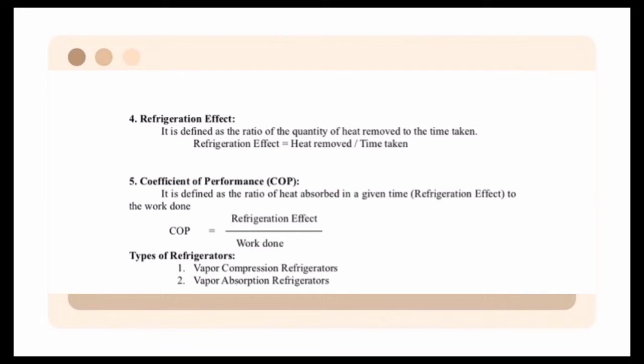Then, next is coefficient of performance or COP. It is defined as the ratio of heat absorbed in a given time or refrigeration effect to the work done. COP equals refrigeration effect over work done. So, inana ra siya.